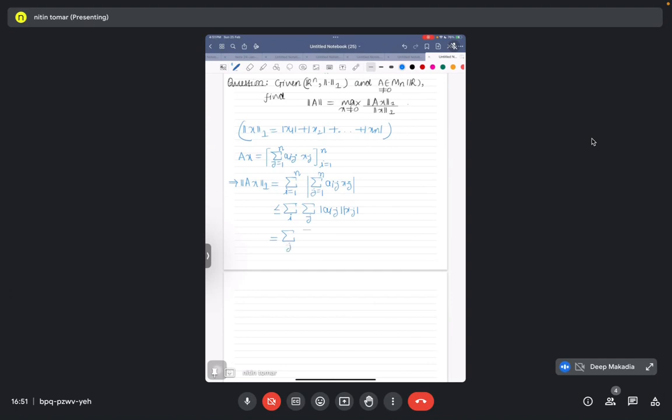So this is summation j, summation i, then mod a_ij, mod x_j. Am I correct? Yes, you can do that, or directly, you can go wherever you want.